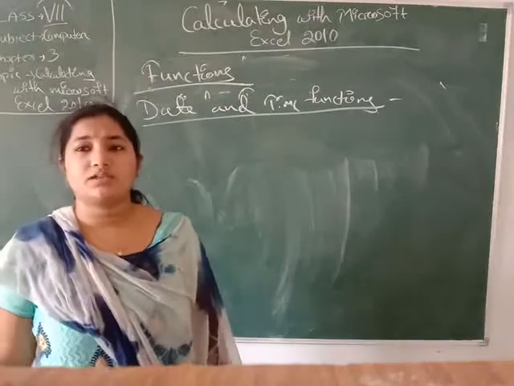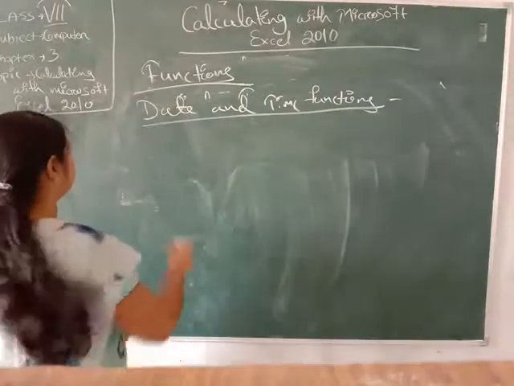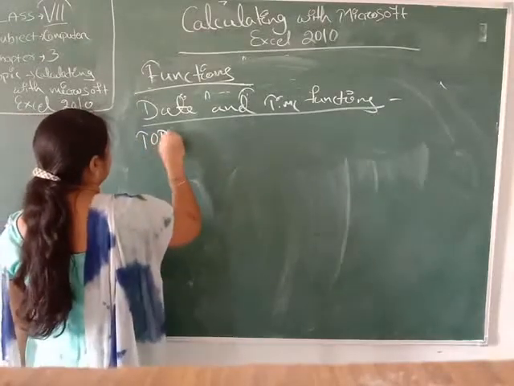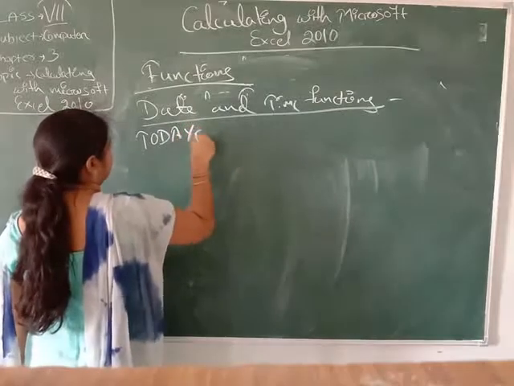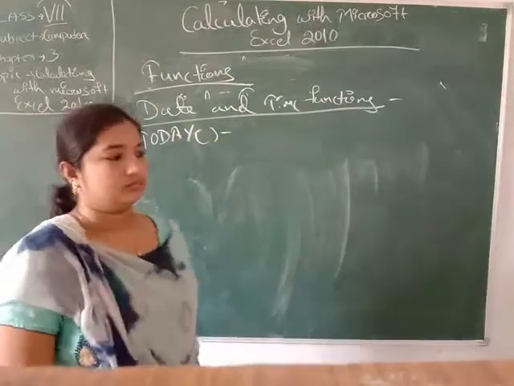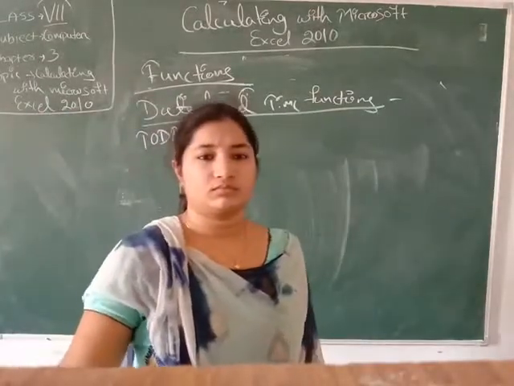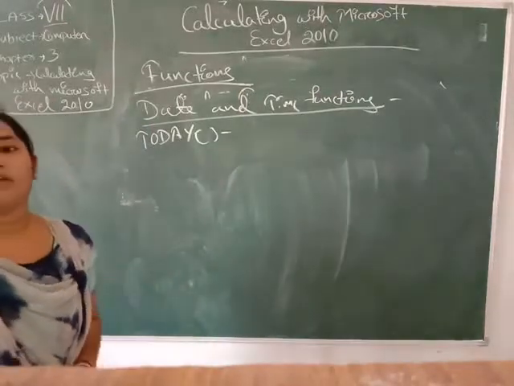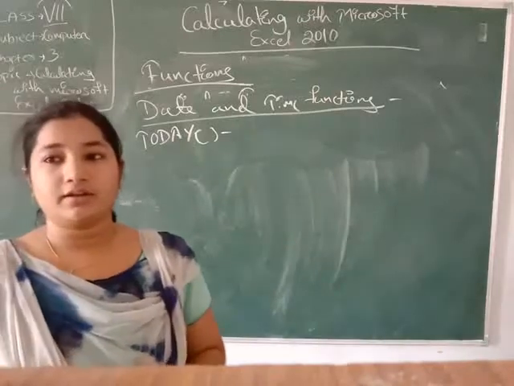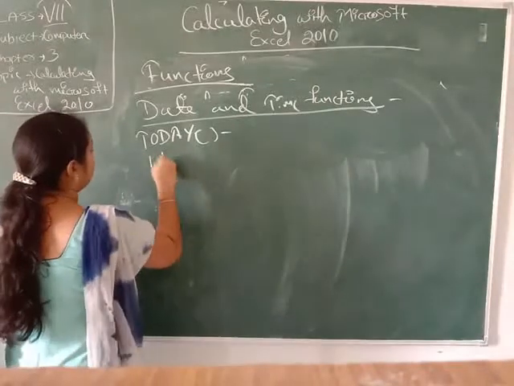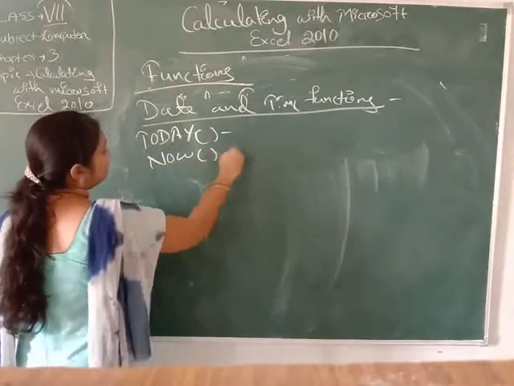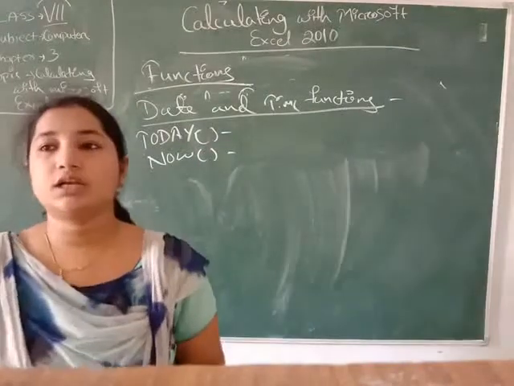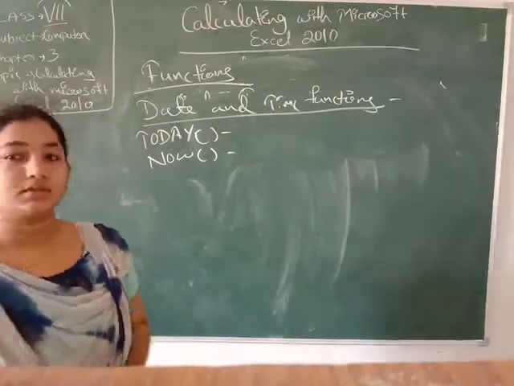In this, the first one is TODAY. It returns the current date. The next function is NOW. It returns the current date and time.